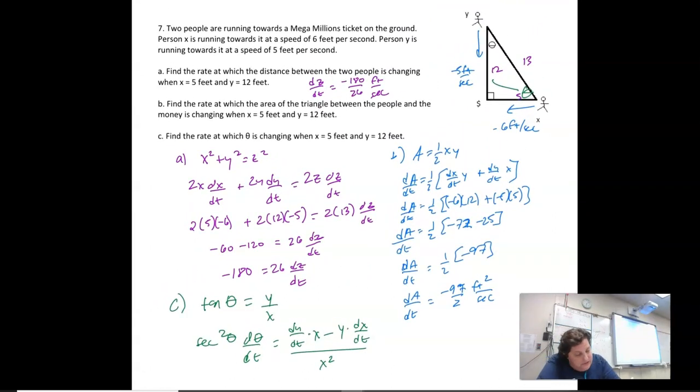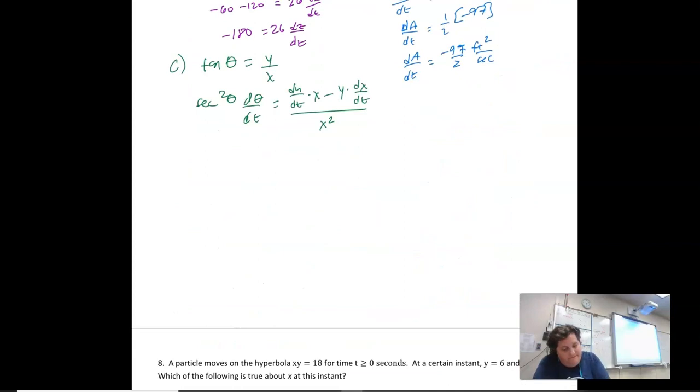So I come up to this triangle. Cosine of that angle is adjacent over hypotenuse. Secant of that angle would then be hypotenuse over adjacent. So secant squared would be 169 over 25. Fabulous.